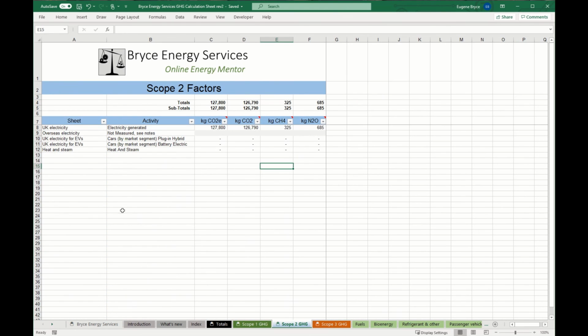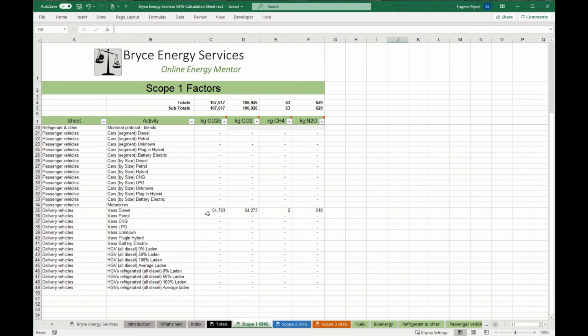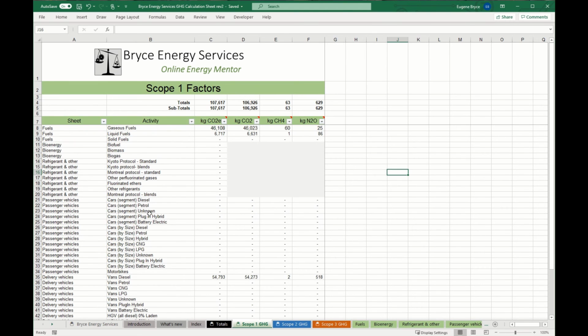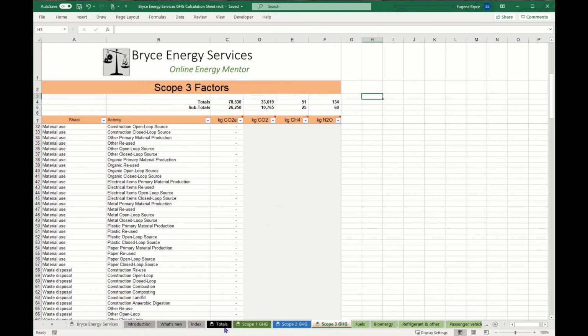Scope 2, we have UK electricity generated, and scope 1, we have our vans, fuels, so that was our diesel, and gaseous fuels, so that was our natural gas for heating. So to give us a total for scope 1, scope 2 and scope 3.